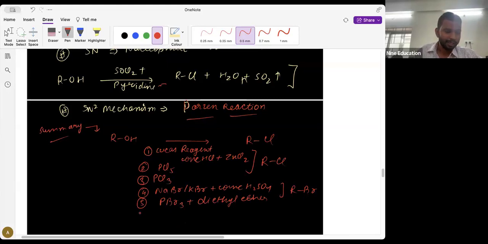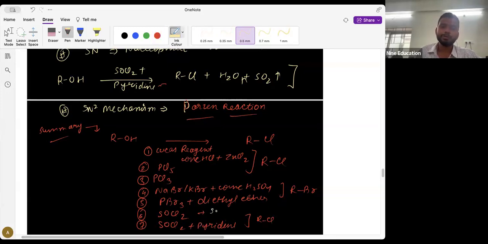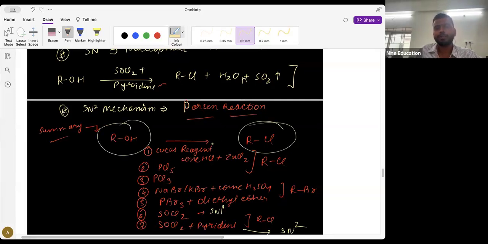Similarly, if you want to make chlorides, you can use SOCl2 or SOCl2 plus pyridine. Just the difference here, you will get RCl. The difference is that this one will go through the SNi mechanism, and the pyridine one will go through the SN2 mechanism. So this is the summary if you want to convert alcohols to alkyl halides.